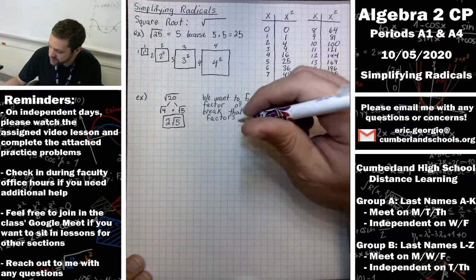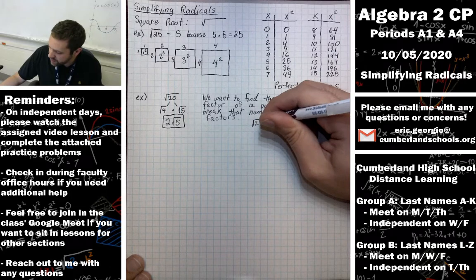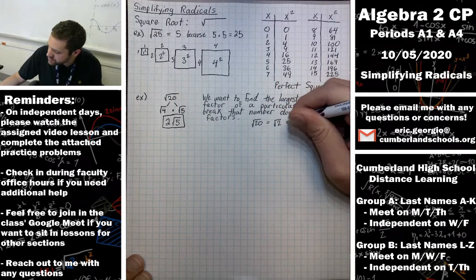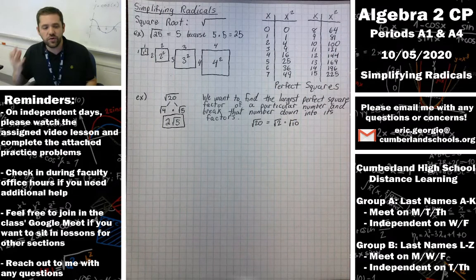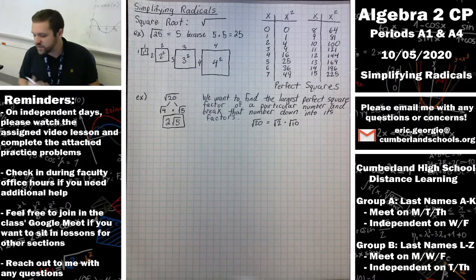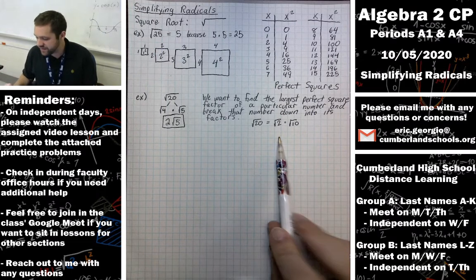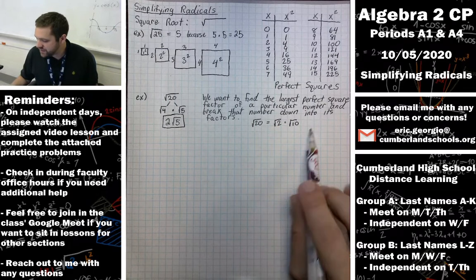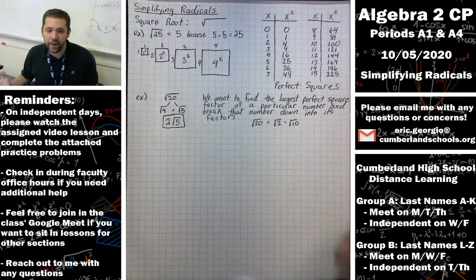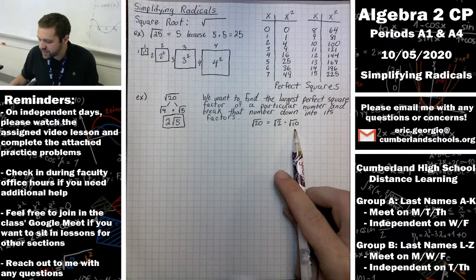Okay? Notice it would not be beneficial to say the square root of 20 is equal to the square root of 2 times the square root of 10. Even though that is a true statement, neither 2 nor 10 are perfect squares. So this doesn't really get us anywhere. It's like, yes, this is true, and congratulations, but this doesn't really get us to any point. We can't simplify the square root of 10 because it's a decimal.